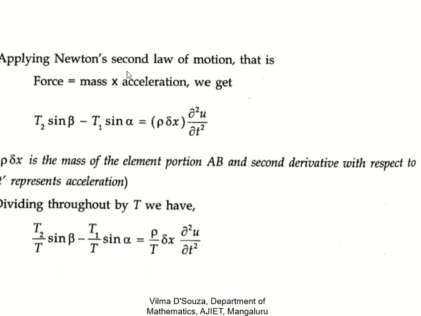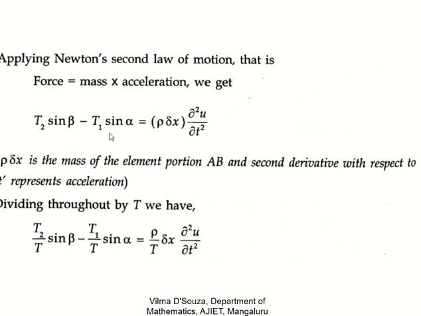Now you apply Newton's second law of motion. What is Newton's second law of motion? Force is equal to mass into acceleration, F is equal to ma. So what is your force here? The total force is T2 sin beta minus T1 sin alpha, which is equal to the mass per unit length.